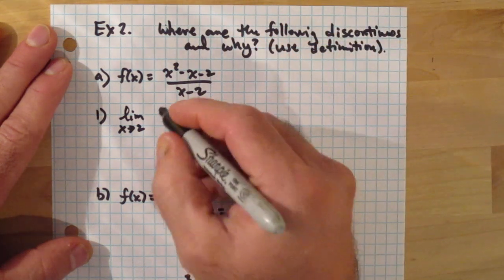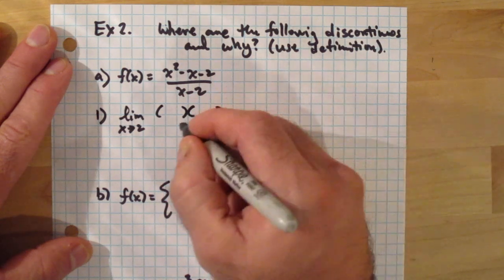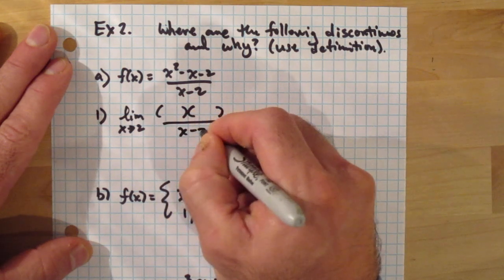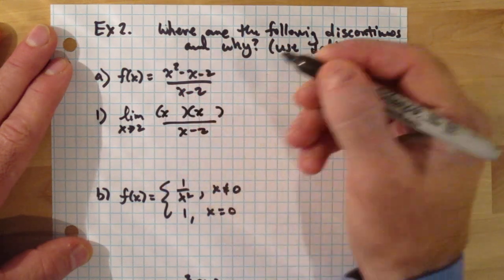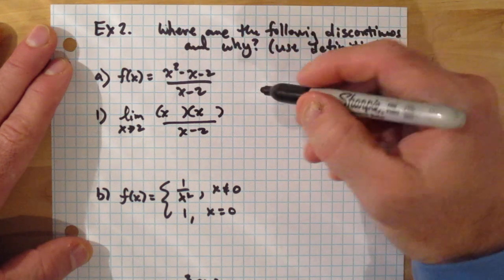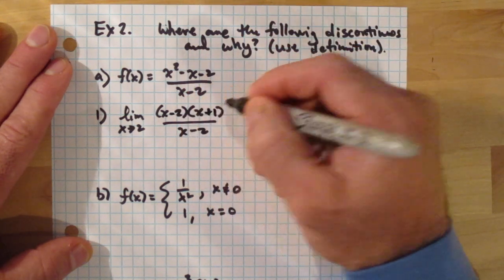So I'm going to want to consider using one of my methods, and in this case I'm going to use a factor and reduce method. So I'm going to factor the numerator. It looks like I would get x minus 2 and x plus 1.